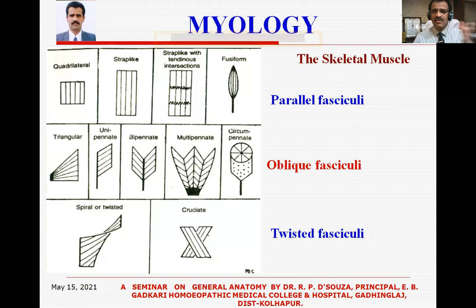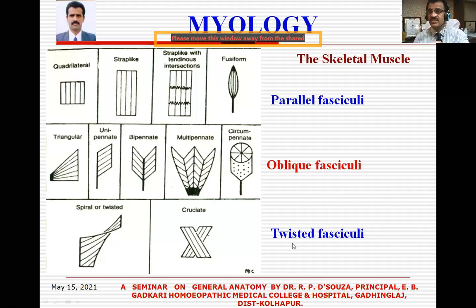So bipinnate means on both sides there are fasciculi. Multipinnate means fasciculi from many sides. Usually the deltoid muscle is multipinnate. And circumpinnate muscles also will have them from all sides, circular. Plus there can be a twisted or spiral muscle. There can be a cruciate crossing of the fasciculi.